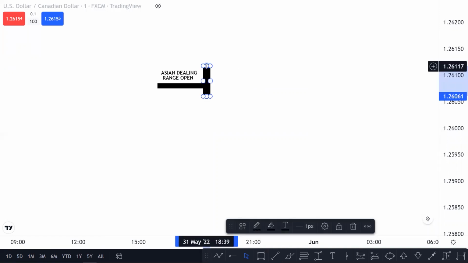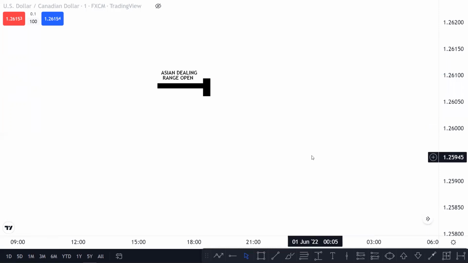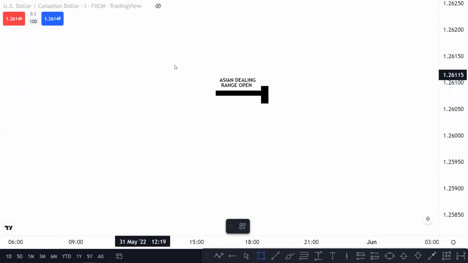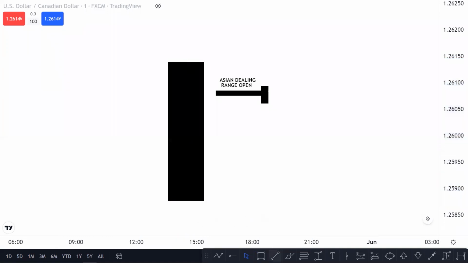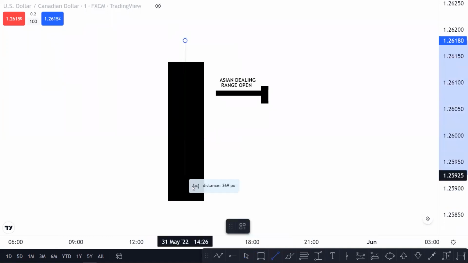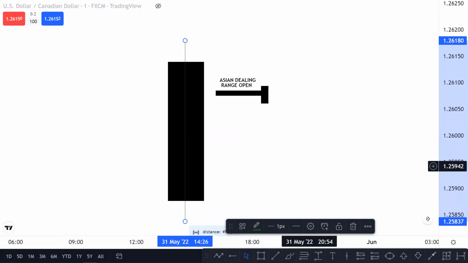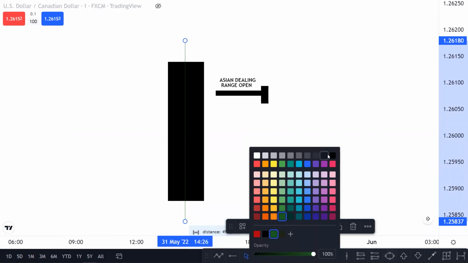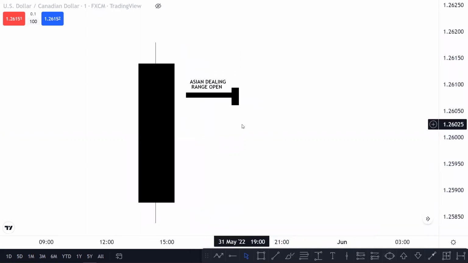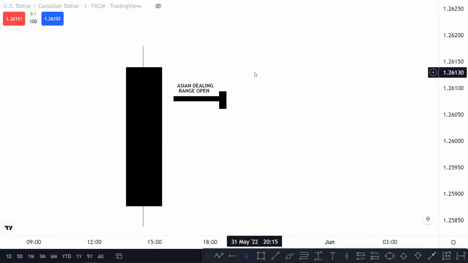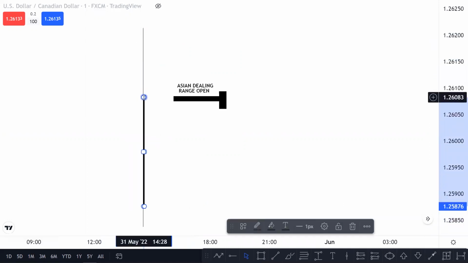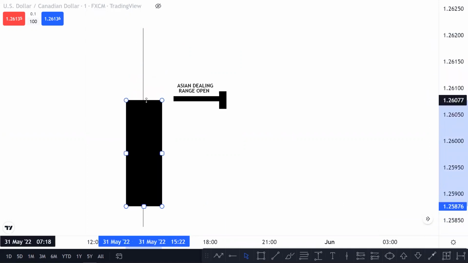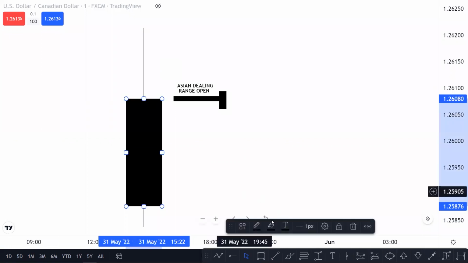Now, if we have a previous candle that has both a high and a low, those are the only candles you're looking for. You're not looking for flat bottoms and tops. So let me say, for example, this is a green candle and the price opens there.